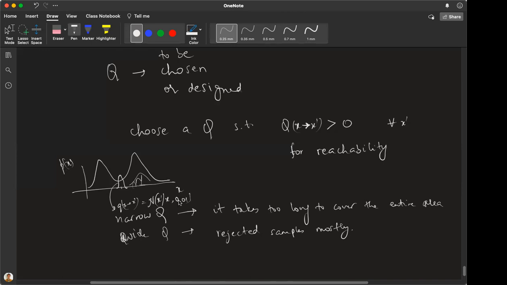If this variance is very small, then you are diffusing very slowly. If the variance is very large, you are diffusing so rapidly that you are mostly rejecting your samples. But if your variance is of a suitable size, proportional to this spread, then your chain will converge to the true distribution relatively easily.